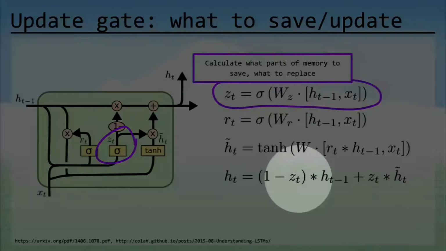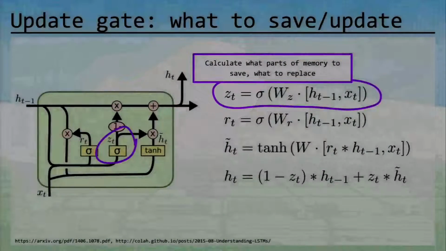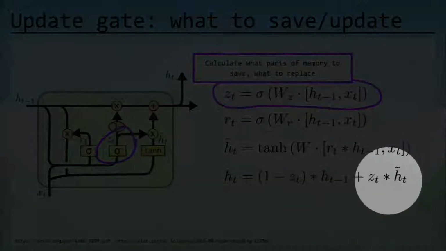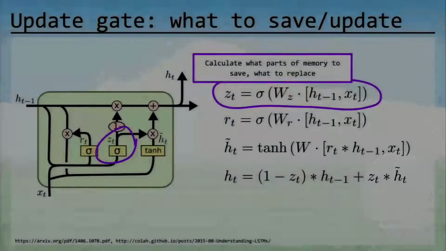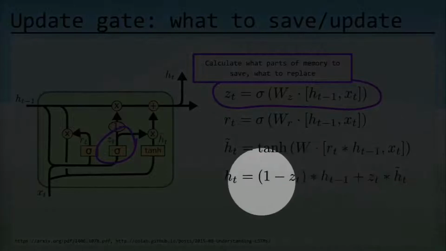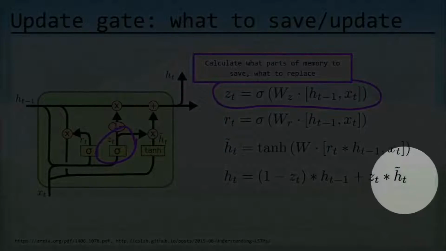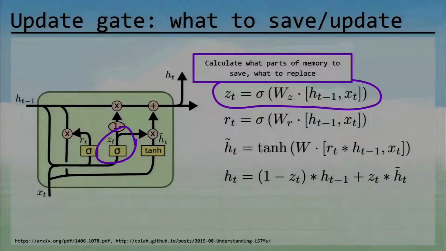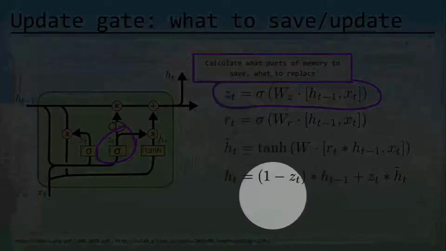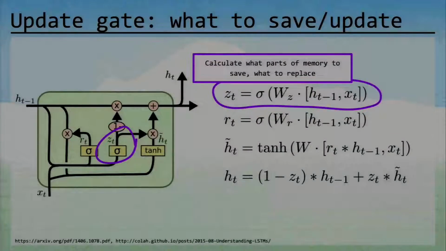So basically, when z is 1, we are going to take as output the specific parts of memory from our update, and we're going to ignore what our previous memory was for a particular location. And if z is 0, we are not going to take any components from this new update that we calculated, h tilde. We're going to take that entire section of memory from our previous internal state, or our previous memory, h of t minus 1.